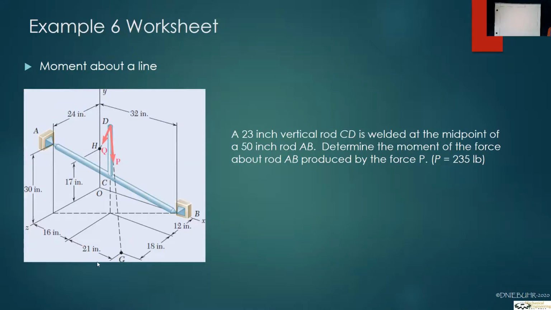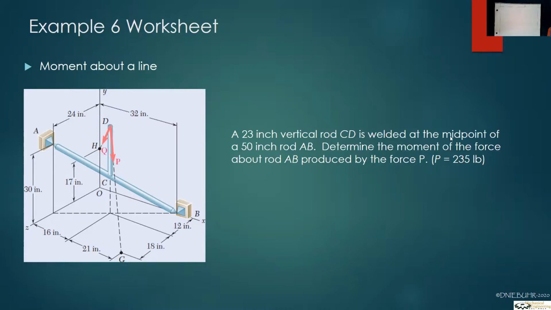You have this line AB, okay? This one's a little more complicated from the geometry standpoint, but not from the statics or math standpoint. So pay careful attention to where these are located in space. We're told that this rod CD is 23 inches, so it's 23 inches from here to here.